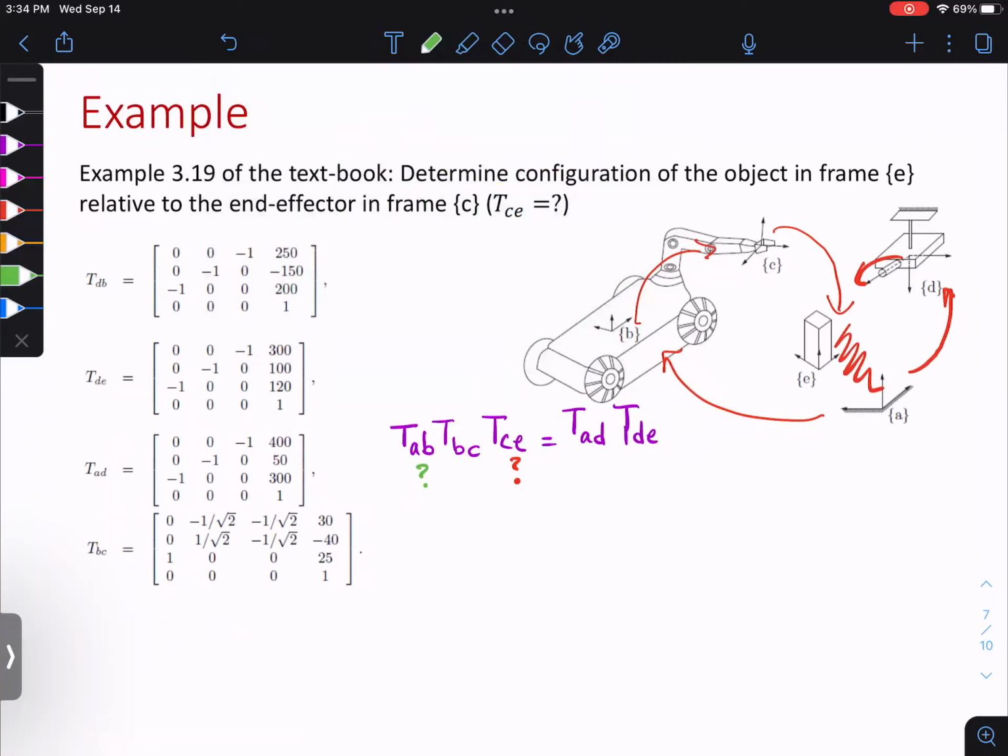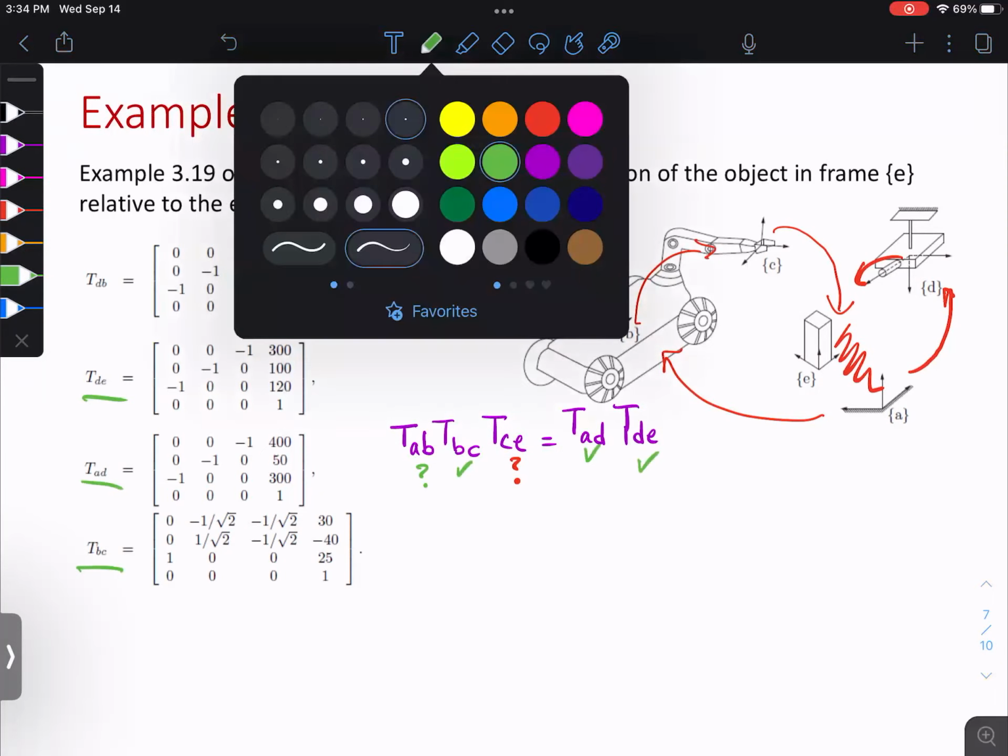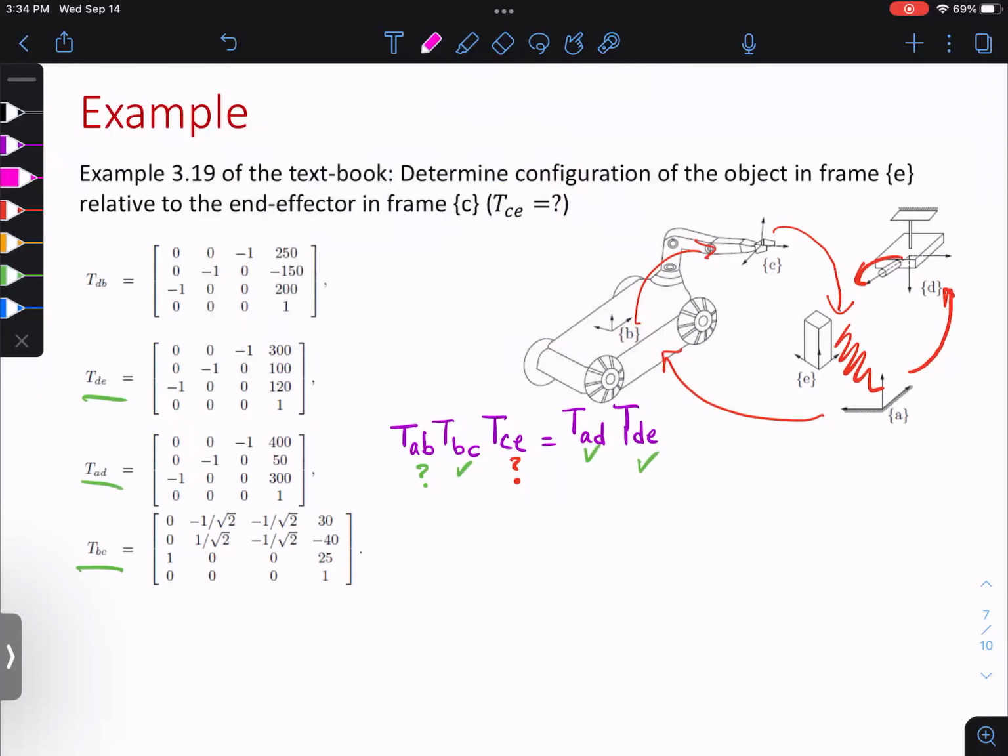We have TBC right here. We have TAD right here. We have TDE right here. Now, can we find a relationship for TAB? Yes. TAB could be TAD, TDB. And we have both of those.